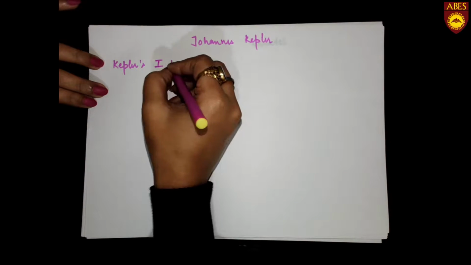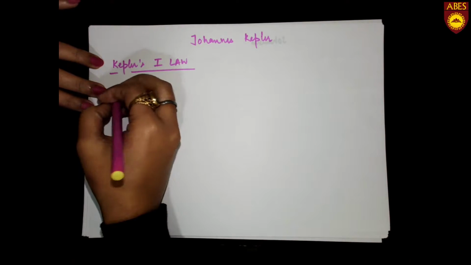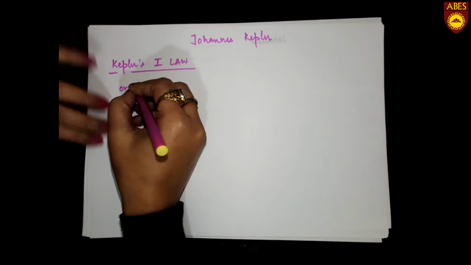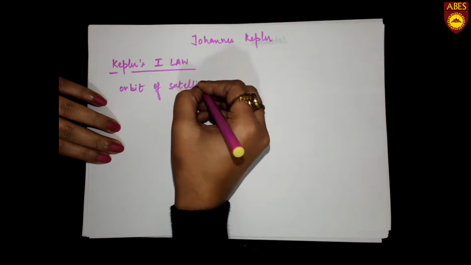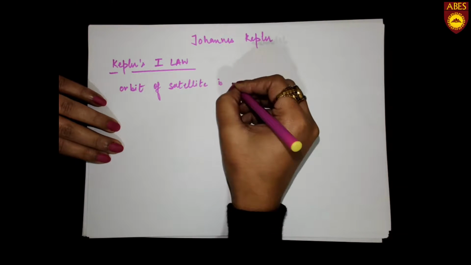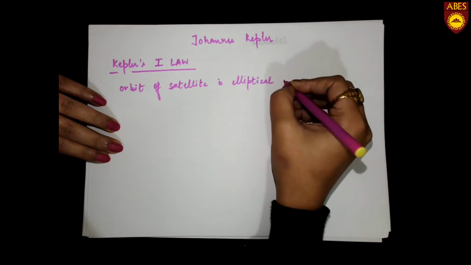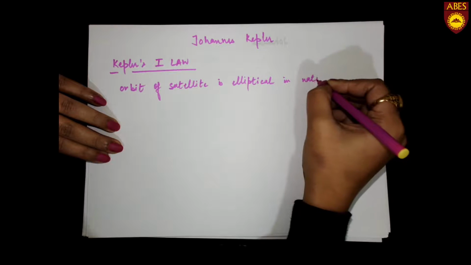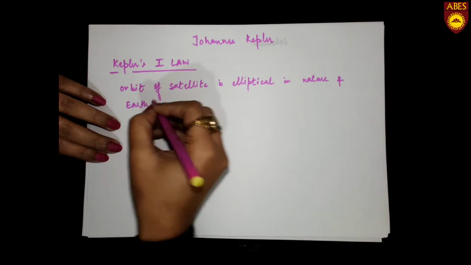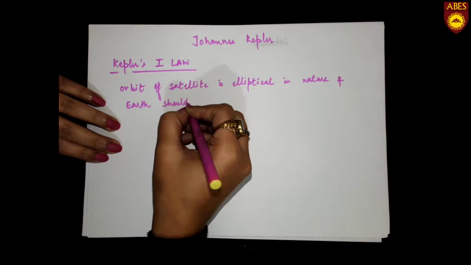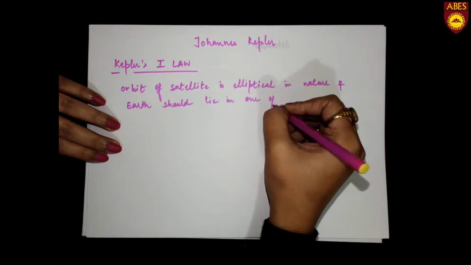Kepler's First Law, which says that the orbit of a satellite is elliptical in nature, and Earth should lie in one of the foci.